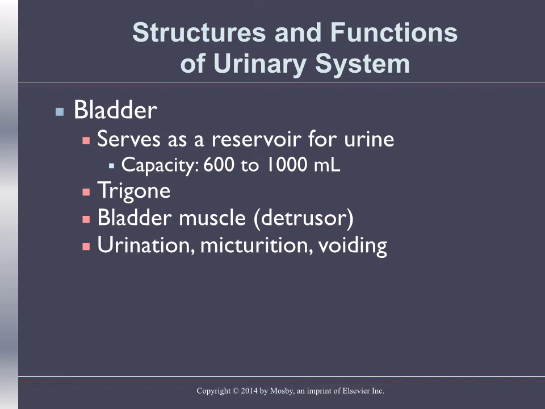And when the urine comes out, it is known as urination, micturition, or voiding. So urination, micturition, voiding are the same. Just so you remember, the bladder's capacity is 600 to 1000 ml, but that's separate from the normal adult urine output, which is approximately 1500 ml per day.